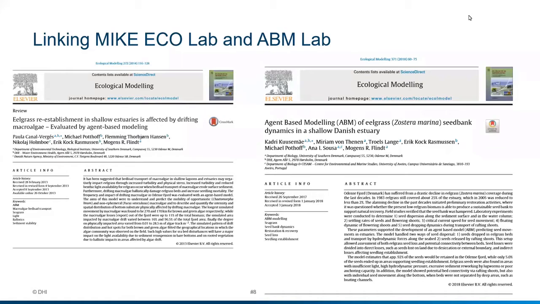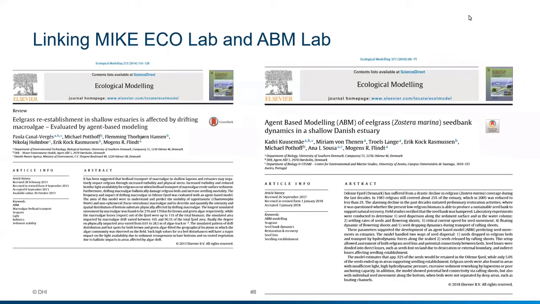The first paper is on modeling eelgrass in a shallow estuary in Denmark, and it's affected by macroalgae attached to stones. So the stones moving around with the macroalgae is done in the agent-based model, whereas the eelgrass meadows are modeled in the Ecolab.